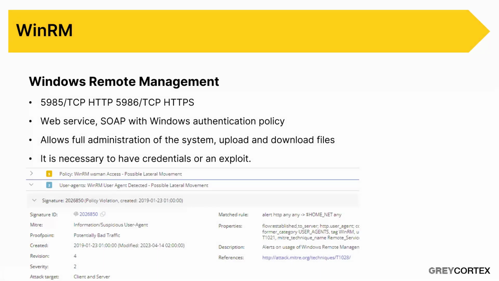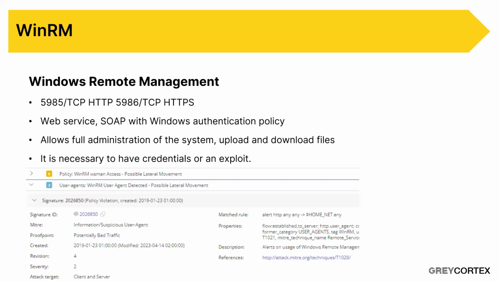It's Windows Remote Management, and basically it's the same again. It's a web-based application where you can have full access to the system, and where you can upload and download files and see if there are exploits.